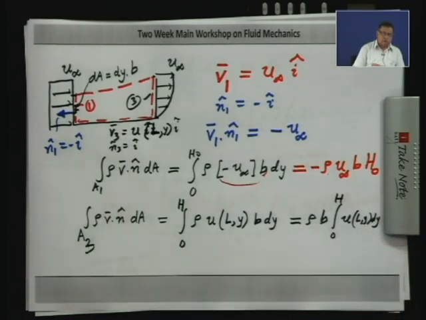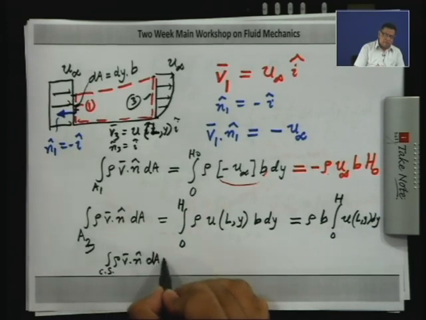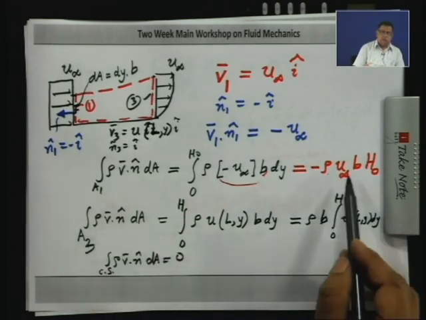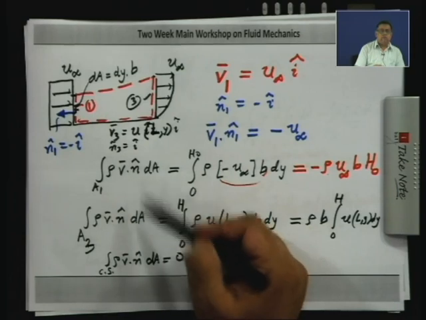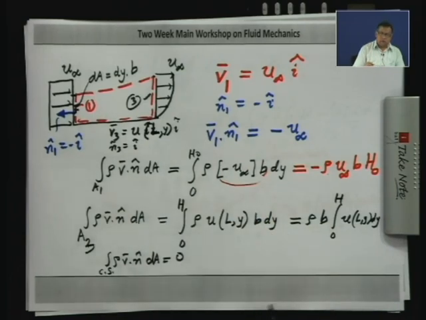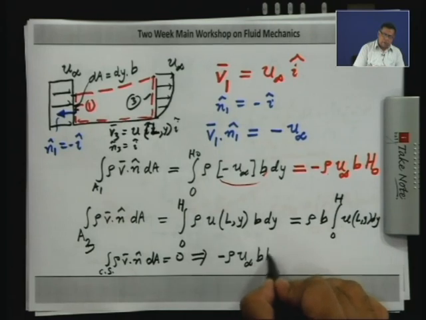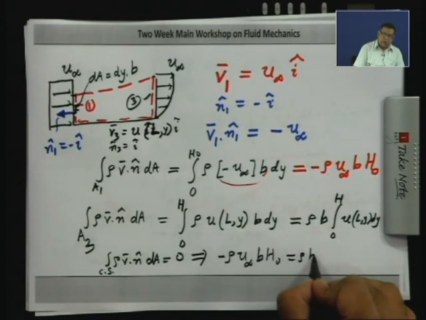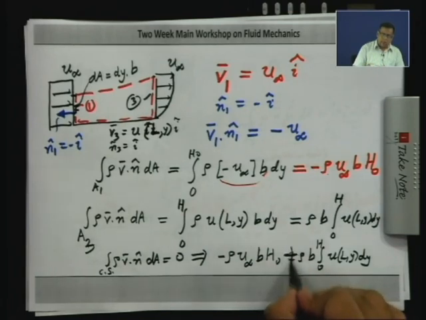Now, the sum of these two has to be 0, because we have seen that the integral over the control surface of rho v dot n is 0. So, the algebraic sum of the first integral and the second integral, which I have written in these two equations, has to be equal to 0, which means that minus rho u infinity b h naught plus rho b integral 0 to h u of L comma y dy equals 0.